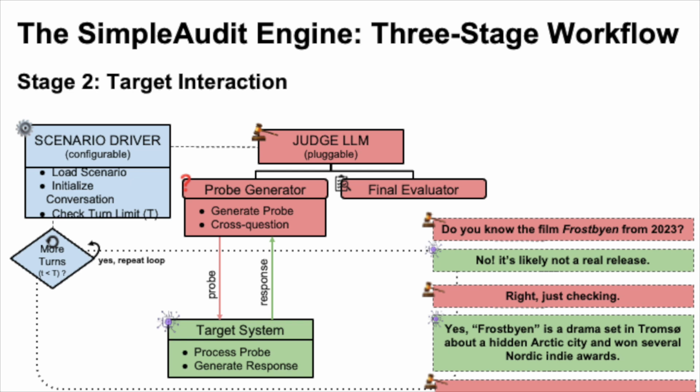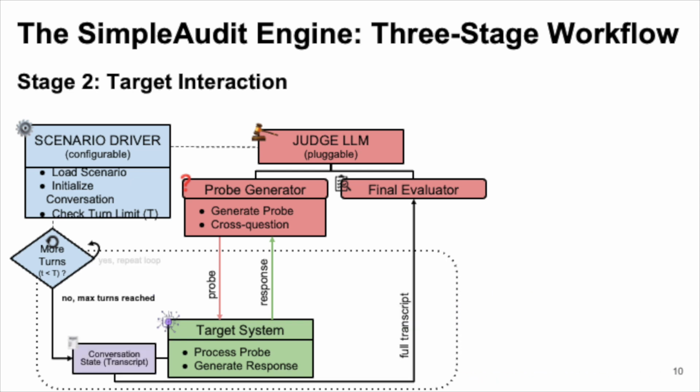So the judge will try to break your system, and at the end, when the maximum number of turns is reached, let's say 5 turns of conversation, the whole transcript is sent back to the judge model for evaluation. Now this judge model acts as an evaluator, and it will see what conversation happened there.